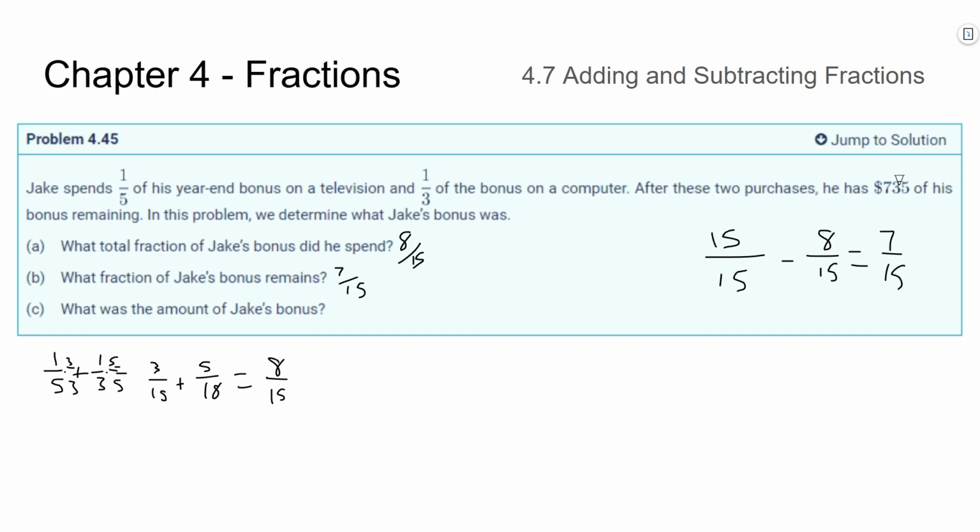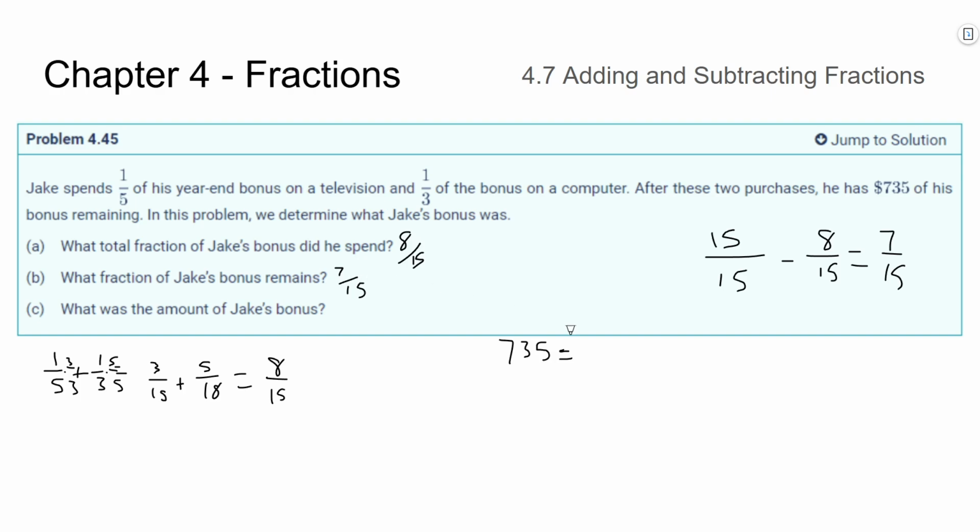So 735 is equal to 7/15 of his bonus, because 7/15 is what is left of his bonus.